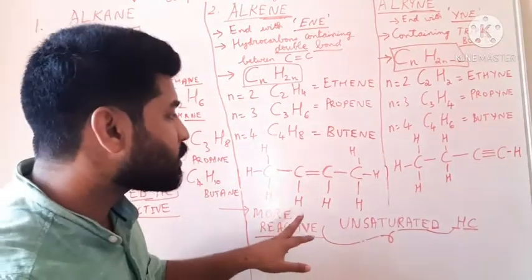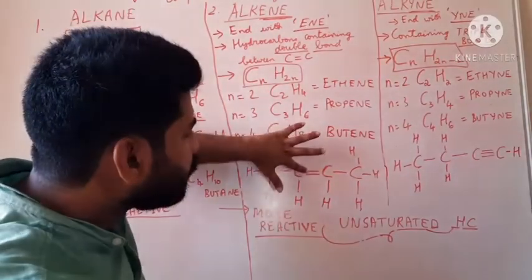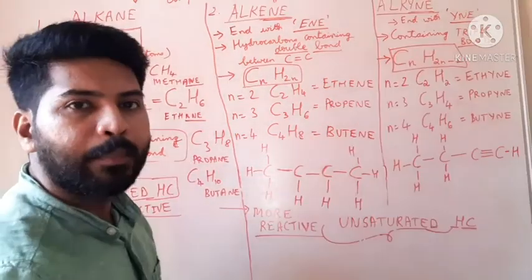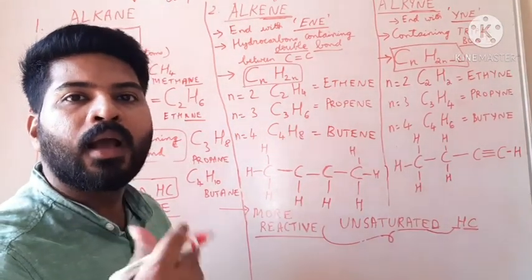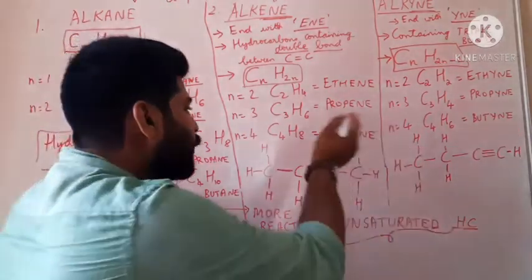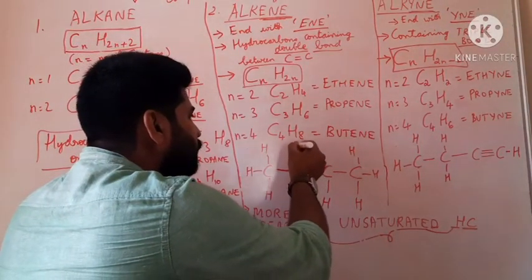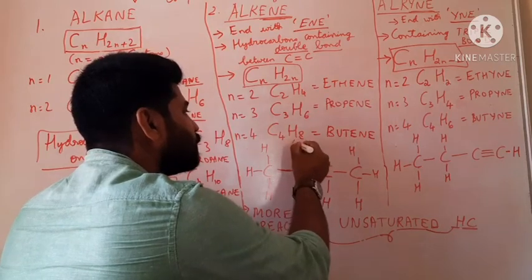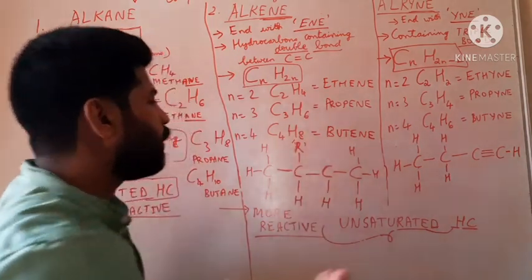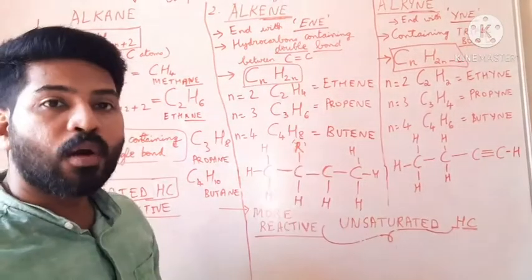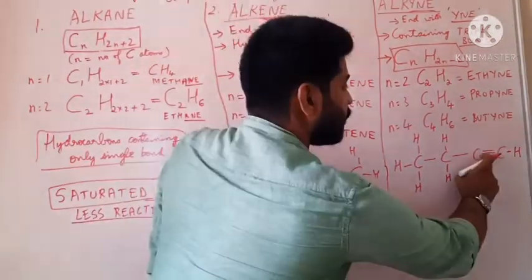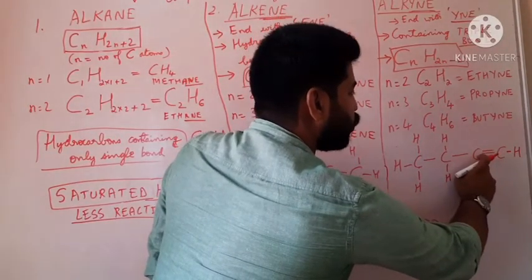Why? Because if you remove this one bond, let us say, it makes one valency available. So we can add something else, let us say some element, and it will change the compound. So that is what makes them reactive. In the case of alkynes, we can remove two bonds.